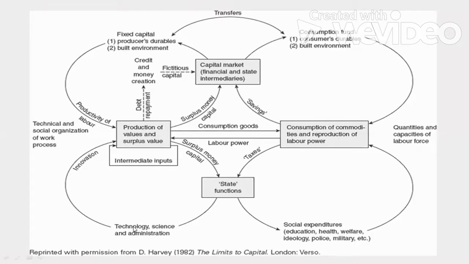When science and technology increase, that results in various types of innovation. When there are various types of innovation, then what happens? Again the production rises. When production rises, I have already said that there will be surplus money for the capitalist.